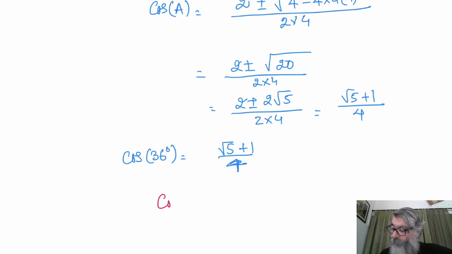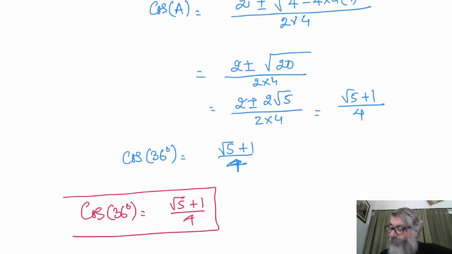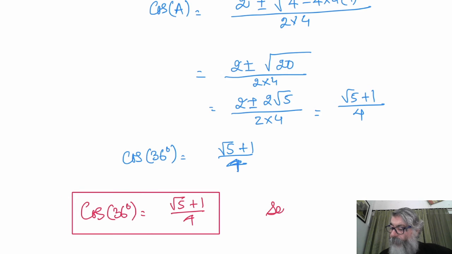Cos 36 will be equal to root 5 plus 1 upon 4. If this is cos, I can write along with this the value of sec 36. Sec 36 degree will be 4 upon root 5 plus 1. This is the value of sec 36.